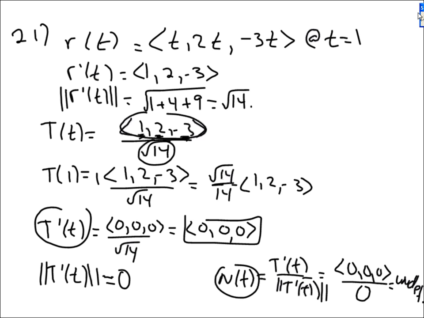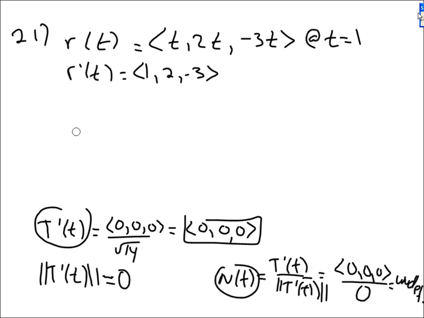Let me get rid of some of this in the middle. To find a sub T, just remember that a sub T is A of t dotted with T of t, which I just erased. Lovely. So now, A of t is the derivative of r prime.